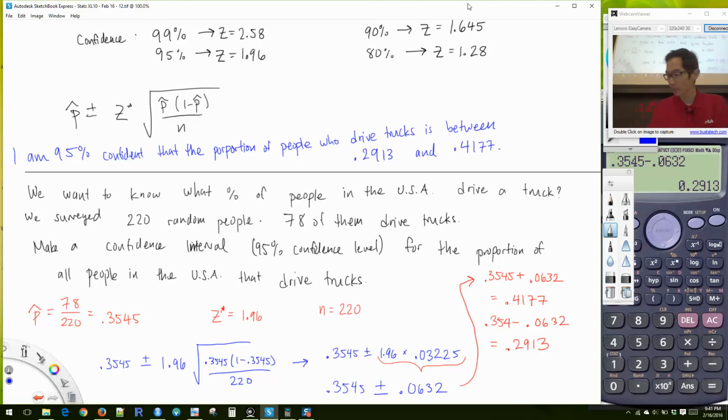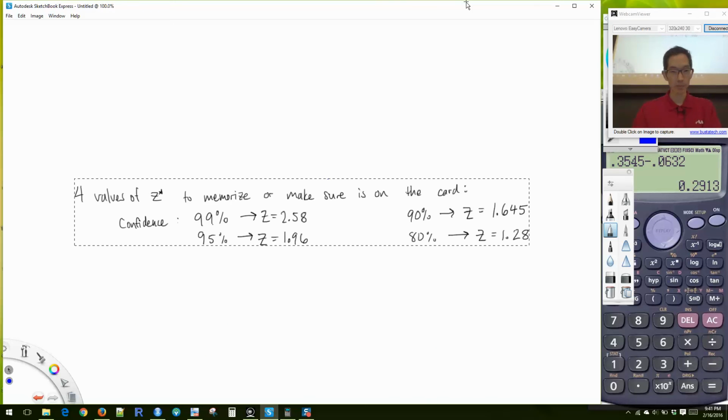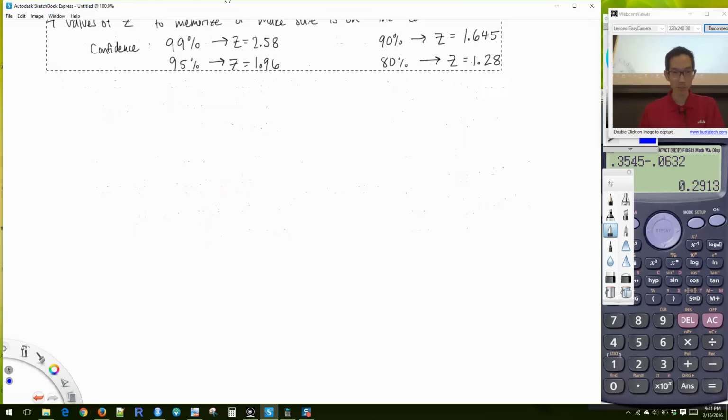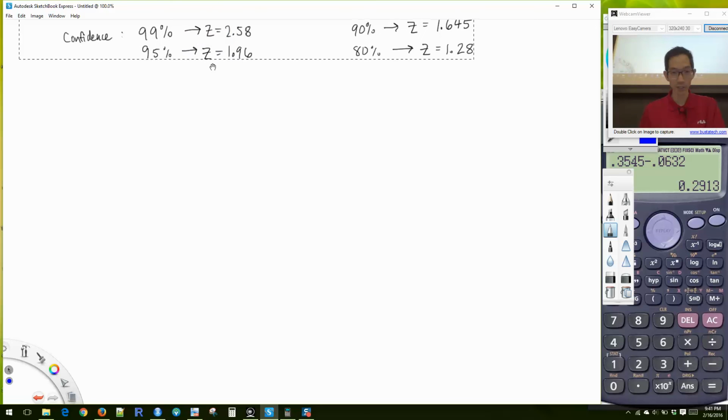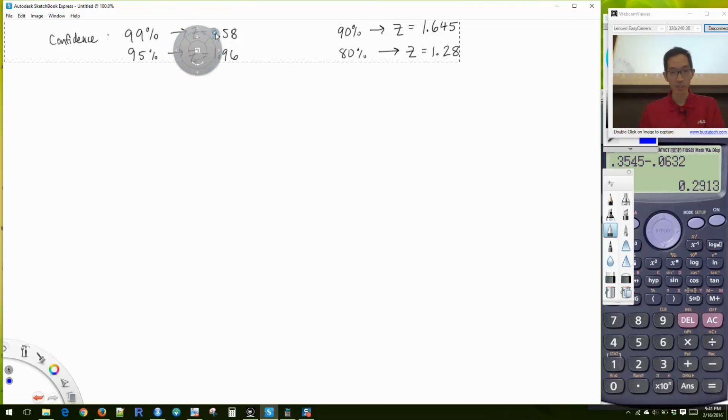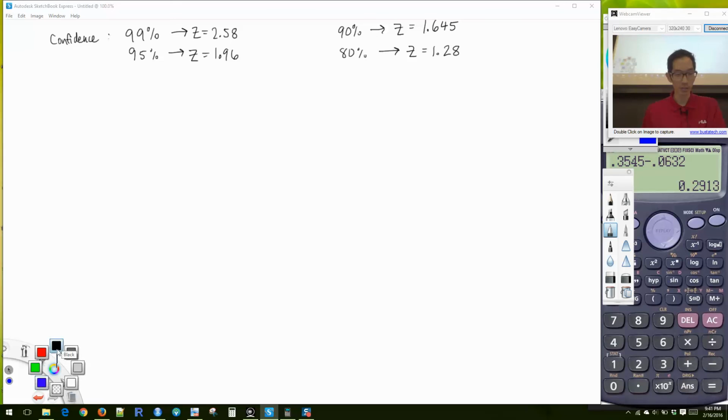So we'll try another example here. Okay. Let's see. So here's our values again of z. And here's our formula, p hat plus or minus z star.